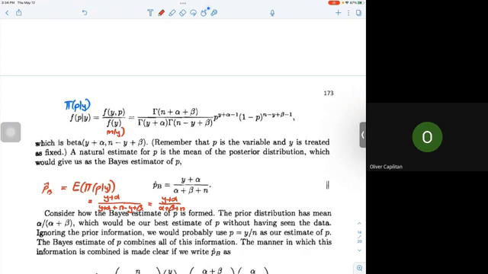Base estimate lang siya. So if you want to find the base estimator, therefore, the base estimator of our parameter p is what? What do we have? Y plus alpha over alpha plus beta plus n.